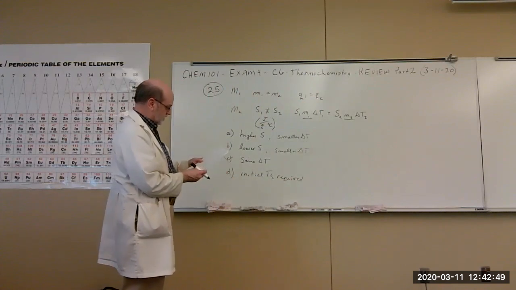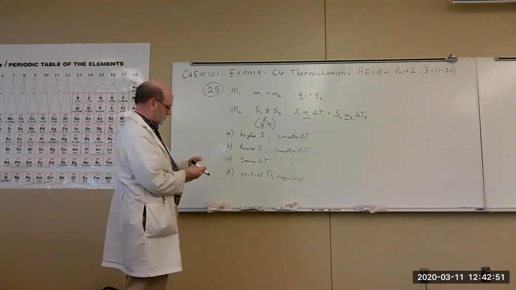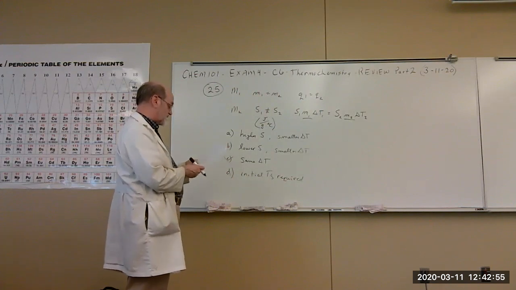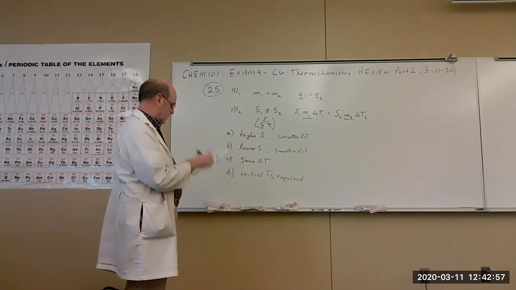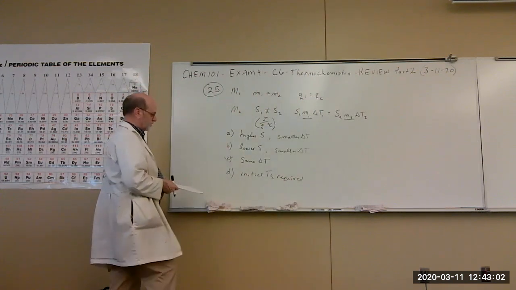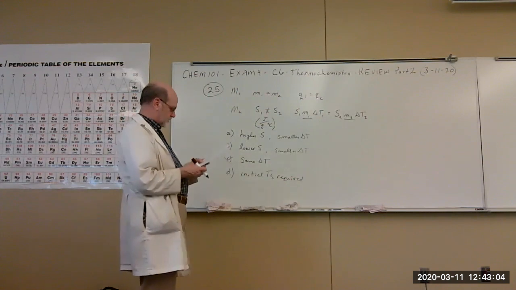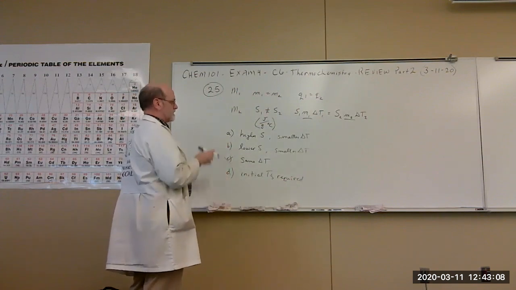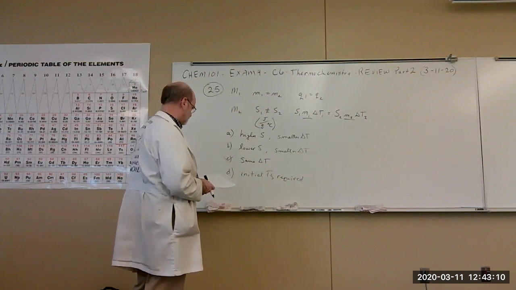Well, let's look at the conditions. Different heat capacity, the smallest change. Actually, it doesn't tell us what their starting temperatures are. It doesn't tell us that they have the same starting temperatures either. Just the same amount of heat, the same mass, different specific heat capacity.